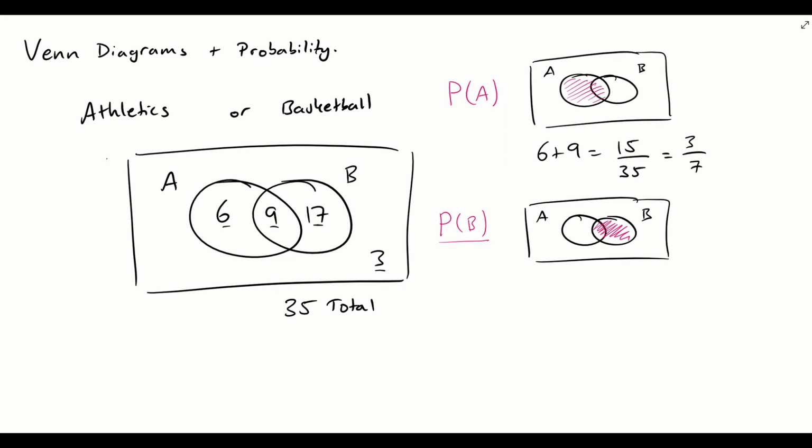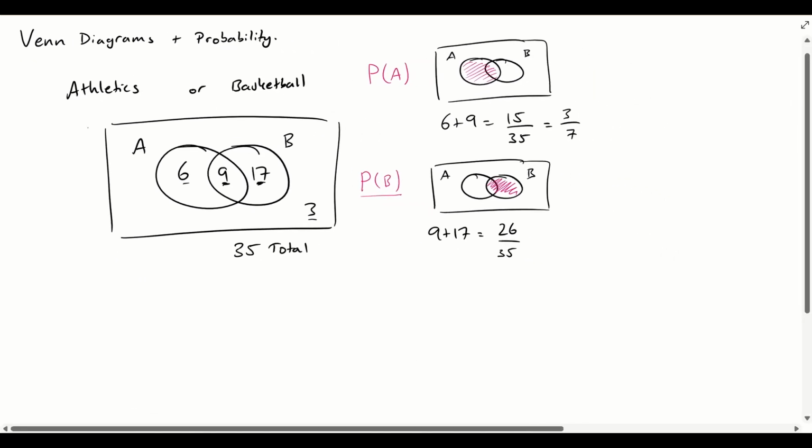And in this case, it is 9 plus 17. So that's going to give us 26. So 9 plus 17 is 26, and out of a total 35 people. So we've got a 26 out of 35 chance that somebody likes basketball. And now, is this in its simplest form? I don't think there's anything we can do to simplify that, so it would just stay as 26 out of 35. Let's do another one.